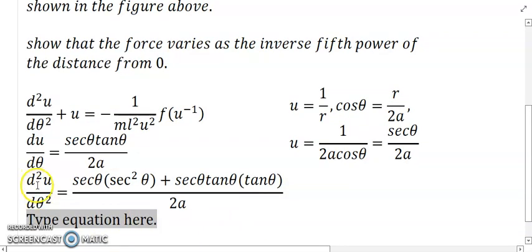And here we got the second derivative, which is this one, and our u is this one, meaning that now we can replace the second derivative with this expression and u with this expression.